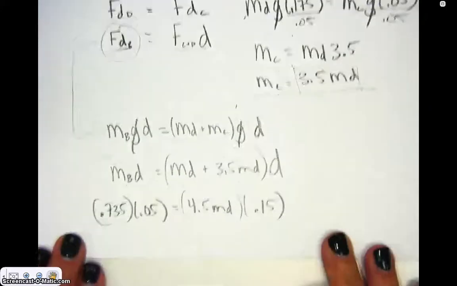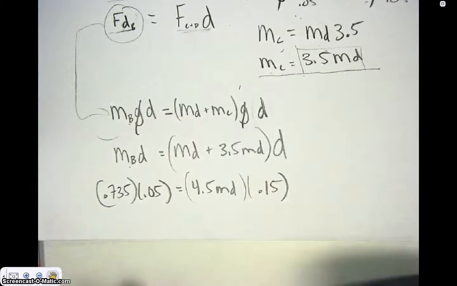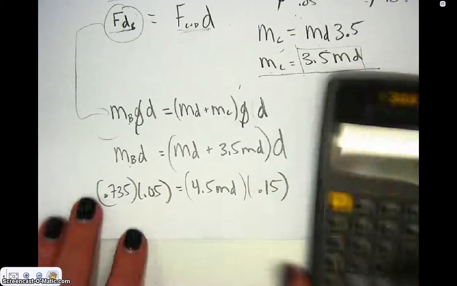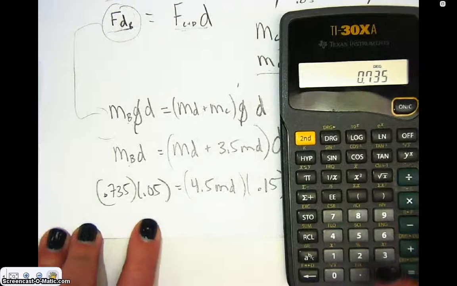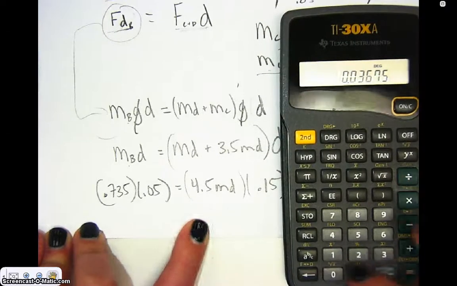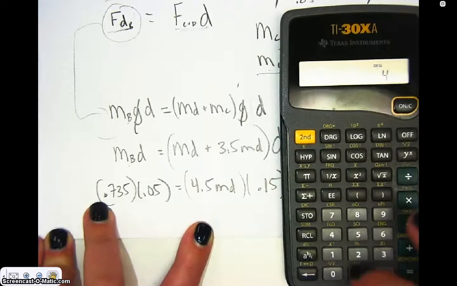Now just solve for MD. I'll take 0.735 times 0.05 divided by 0.15 divided by 4.5.